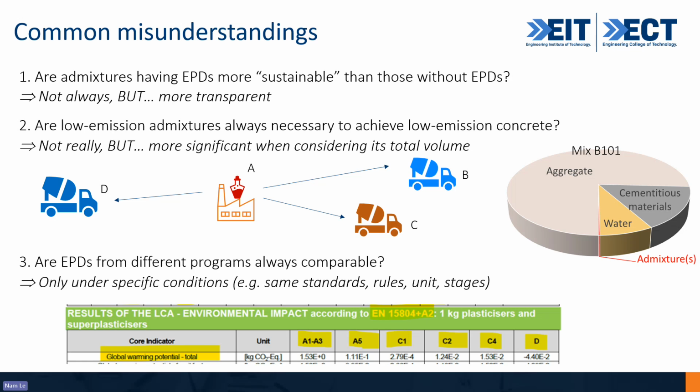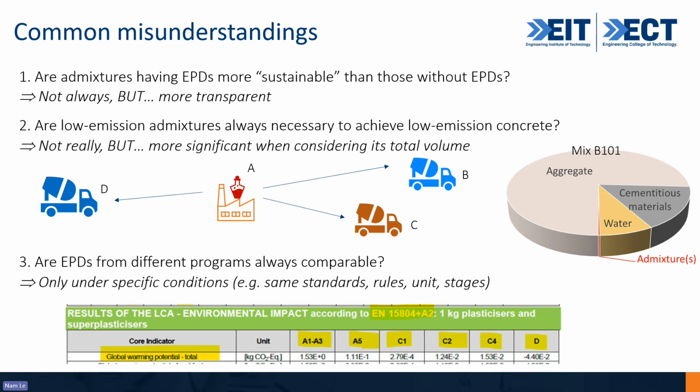The reason is, as just mentioned, when you have a product and we don't have the EPD, we may assume the model EPD to estimate how much CO2 this product has, and in that case, we need to select the highest value of the environmental impacts.